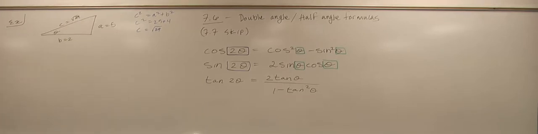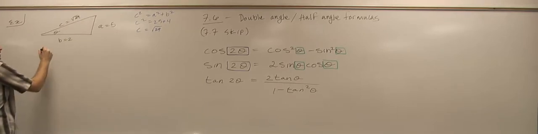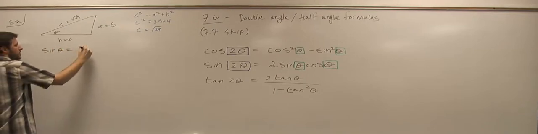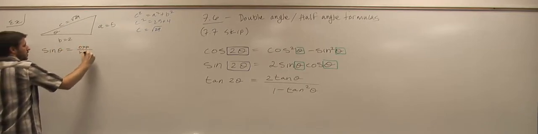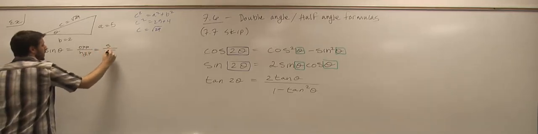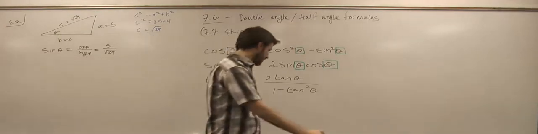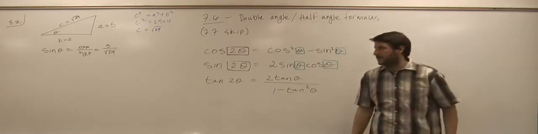So then we can find sine and cosine. Sine theta would be equal to opposite over hypotenuse, which is 5 over root 29. Which I'm not going to rationalize because, I don't know, I'm just a rebel today.